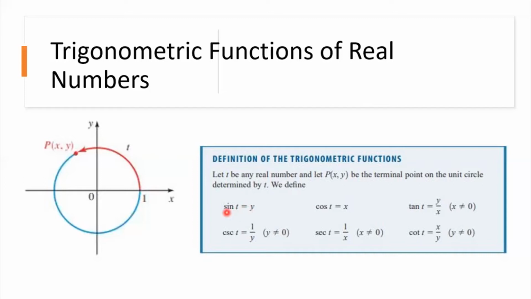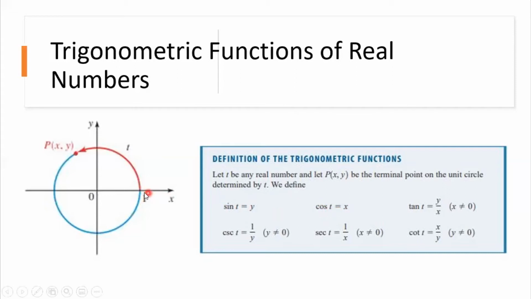That is the definition: whatever the value of the y coordinate, that is equal to sine t. How about cosine t? Cosine of that real number t is equal to x.